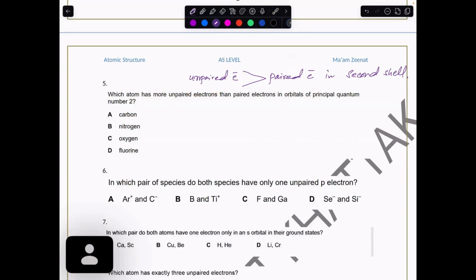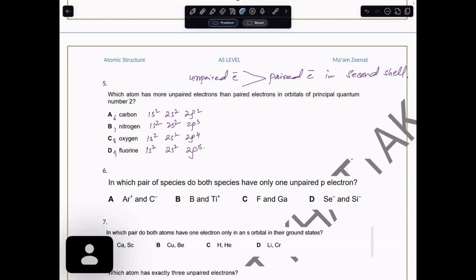So carbon is 6, 7, 8, 9. 1s2, 2s2, 2p2. 1s2, 2s2, 2p3. 1s2, 2s2, 2p4. 1s2, 2s2, 2p5.